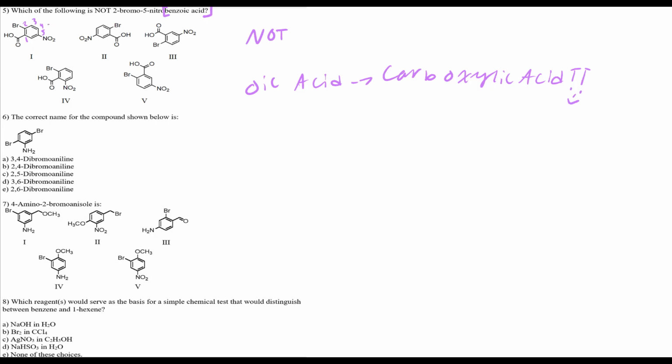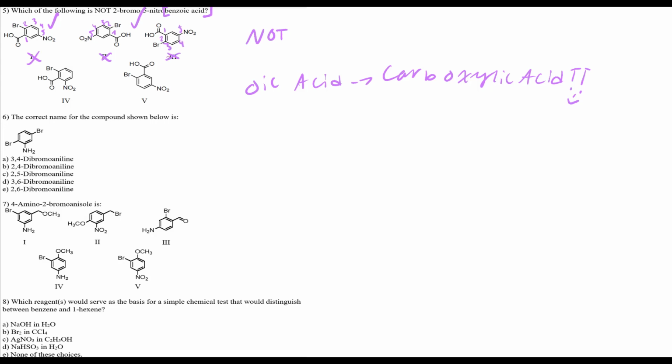This checks out, so it cannot be number 1, because we're looking for a compound that is not 2-bromo 5-nitrobenzoic acid. Again, I'm going to start counting from this carbon: 1, 2, 3, 4, and 5. That's not going to work for me because this is the correct name. What about this one? 1, 2, 3, 4, and 5.